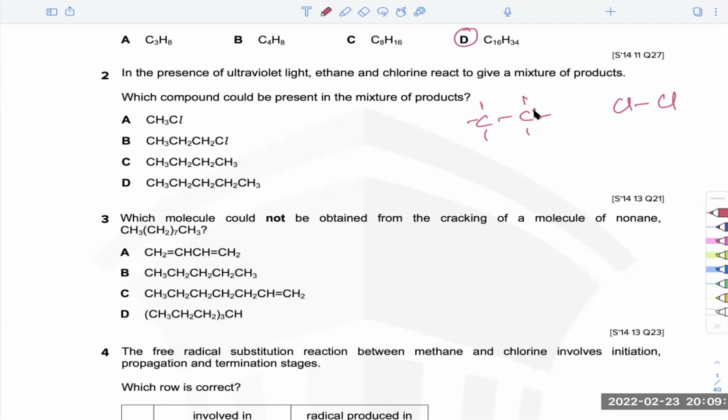You could get a free radical if one hydrogen goes away, which means you could get a chlorine here, or a chlorine here, or any number of chlorines displaced from this. But you can't get this one. That's impossible because you don't have a one carbon molecule, you have a two carbon molecule. Similarly, you don't have a three carbon molecule, so B is not possible.